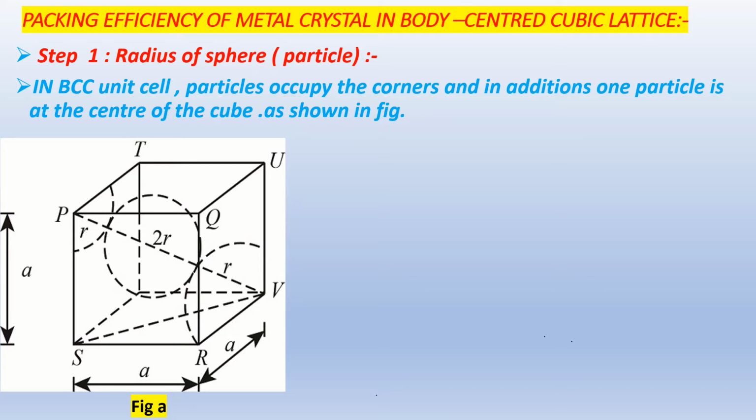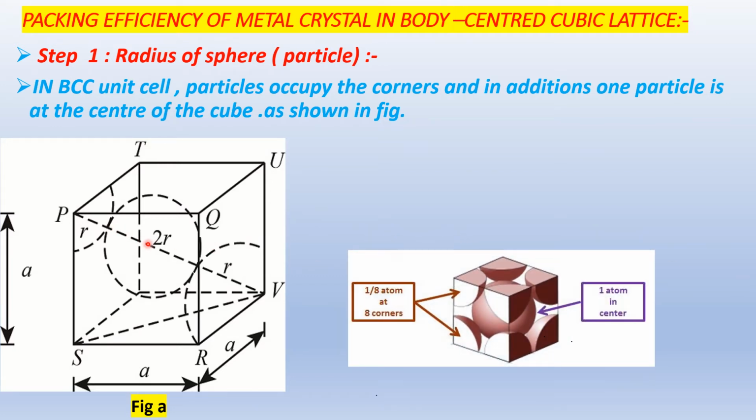In a BCC unit cell, particles occupy the corners and, in addition, one particle is at the center of the cube, as shown in the figure. Corners contribute 1 by 8 each, so 8 corners are equal to 1 particle, and the center has 1 atom, so 1 plus 1 is equal to 2 atoms.